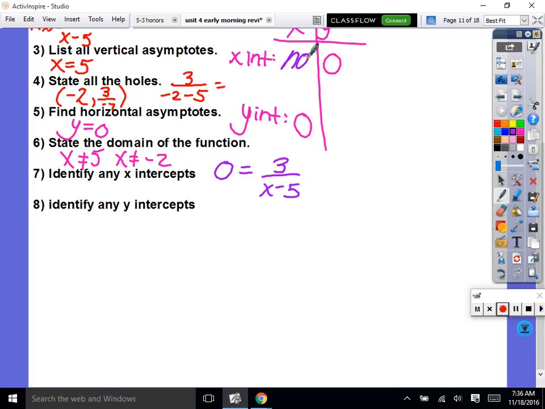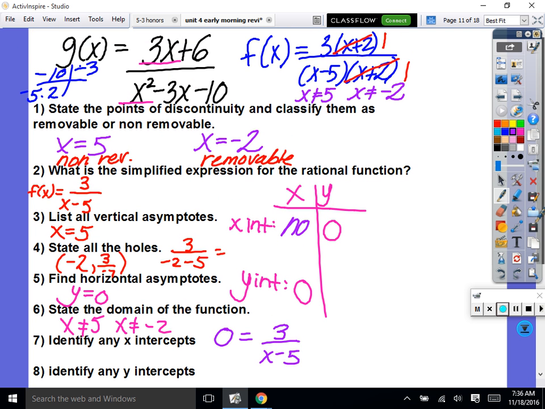It's going to come out the same, but I want to show you. So if we would have had 0 is equal to 3x plus 6 over the bottom, which we know the bottom will always multiply to be 0. Now, this one does solve, but watch what happens. You'll subtract 6. So we have negative 6 is equal to 3x, divided by 3. So that's negative 2 equals x.